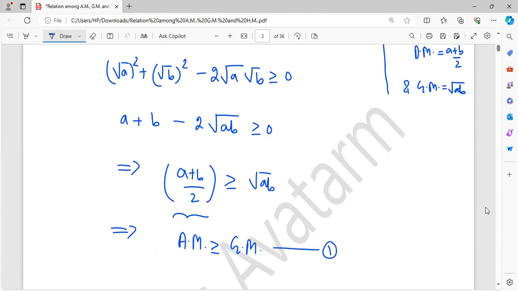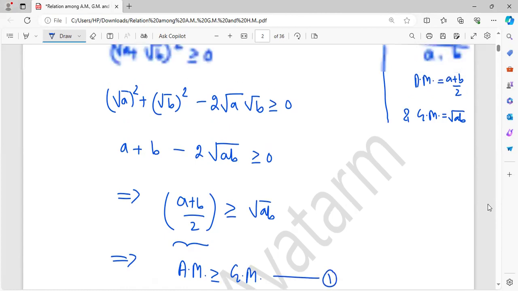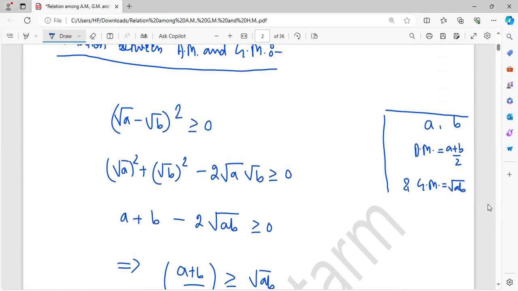First you observe one thing here. You have to notice that I have taken under root here. Under root means when can we take under root?